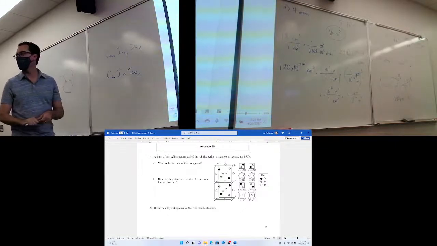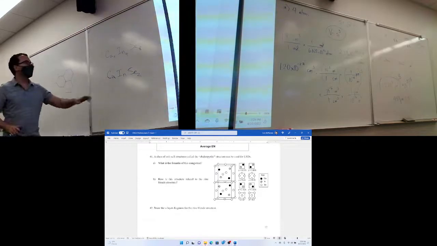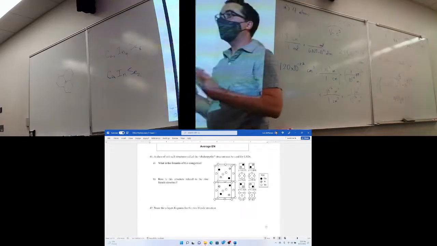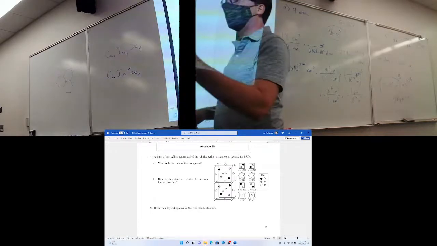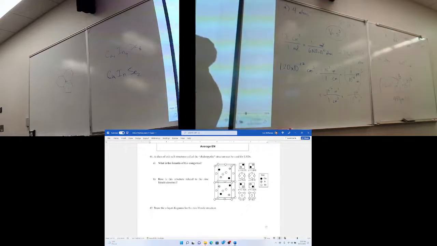Sorry, can you explain again how there's 8 selenium? So there's a whole bunch of different ones. So there's these corners. And they're each a quarter? They're an eighth each. Corners are always an eighth in a cubic crystal system. So 8 times an eighth is 1. And then let's count the faces.